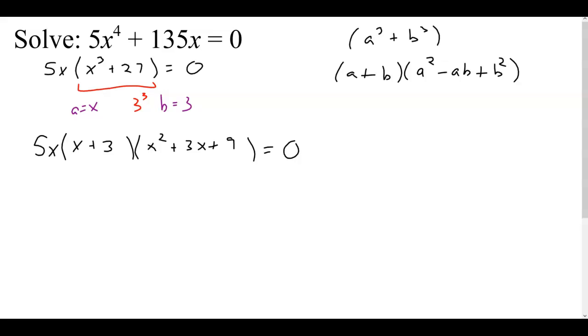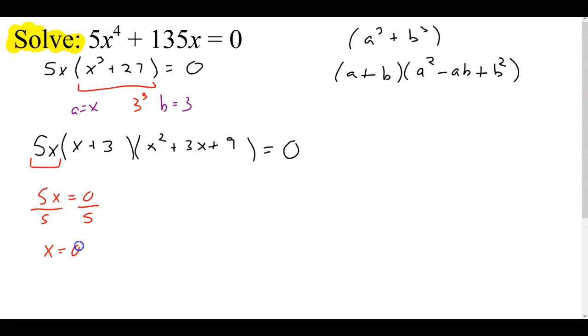Now the way that we actually solve the polynomial is we set the factors equal to 0. So we set each of the factors equal to 0. Now if we start out with 5x, that's kind of our first factor. You can kind of think of x as x plus 0 if you'd like, but regardless, if you set 5x equal to 0 and solve for x, we do get an answer out of that.